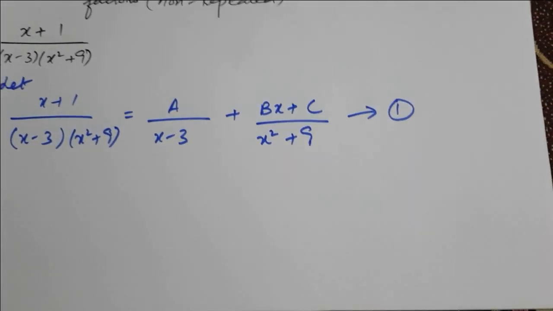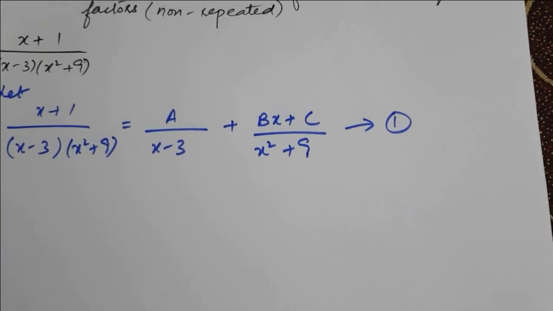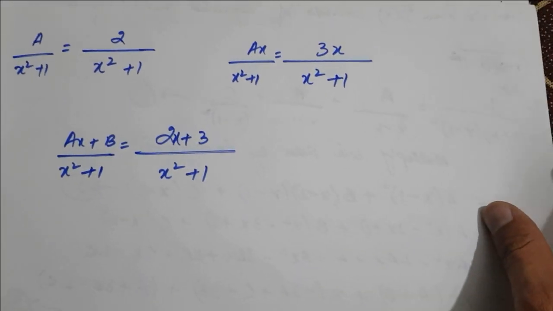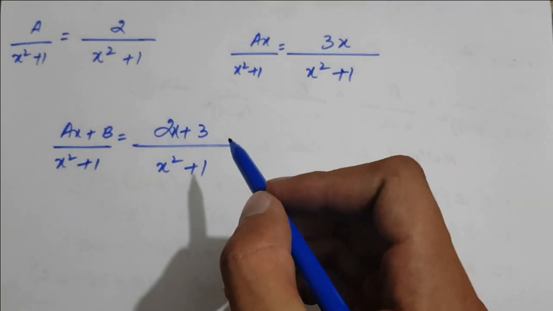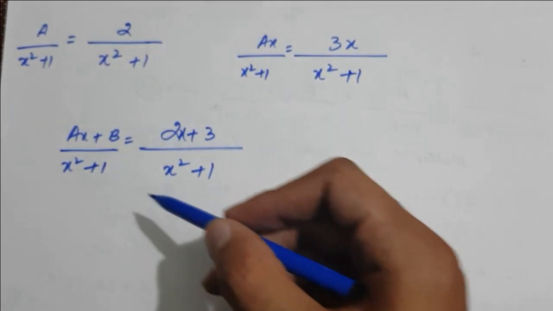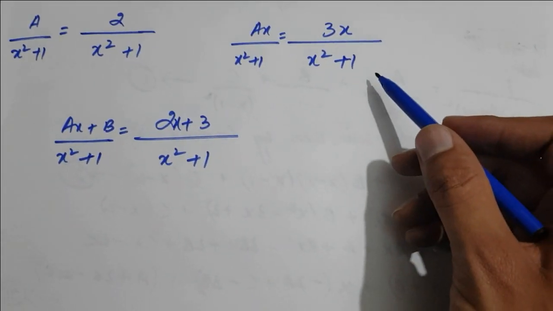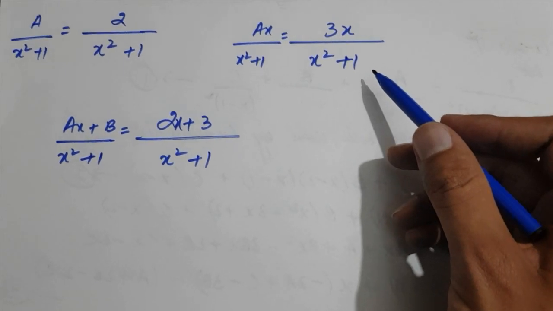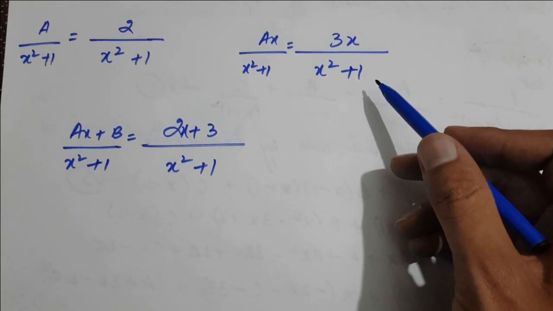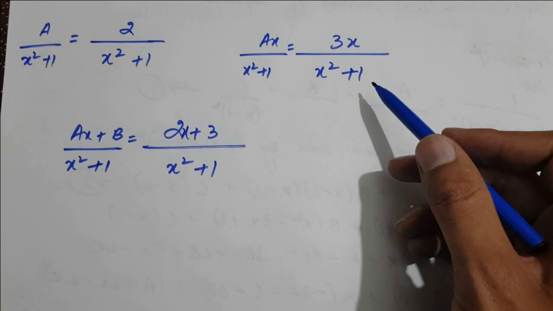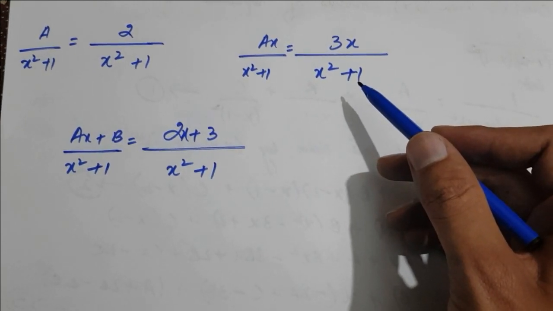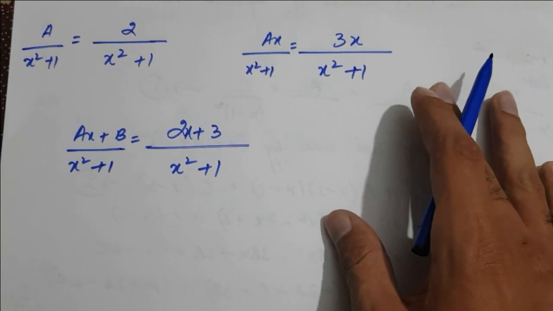To explain this, I have considered these three fractions. All of these three are proper fractions. While finding the partial fractions, we never know what kind of partial fraction we are going to get.